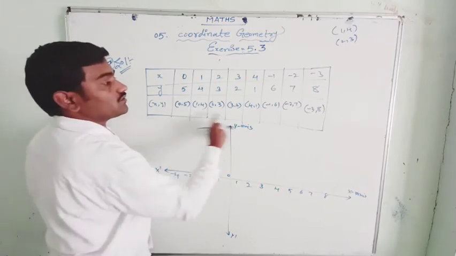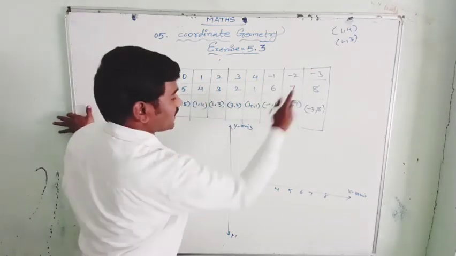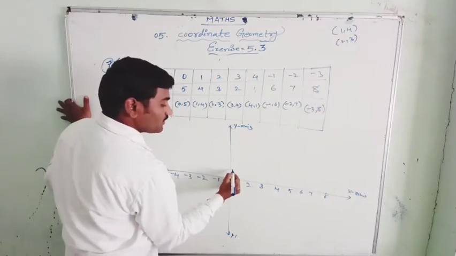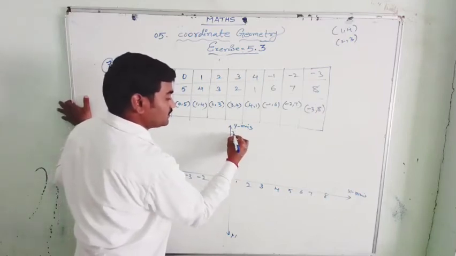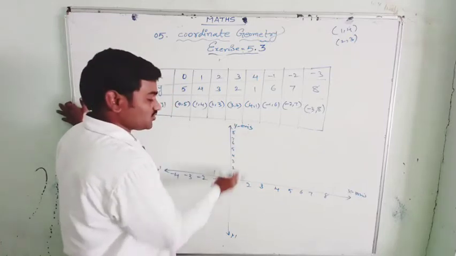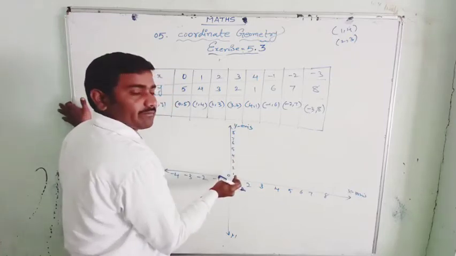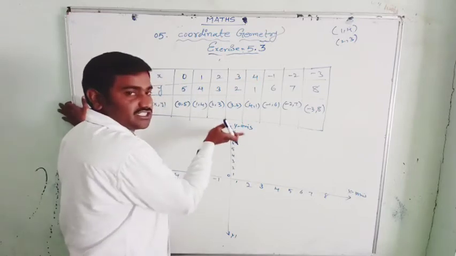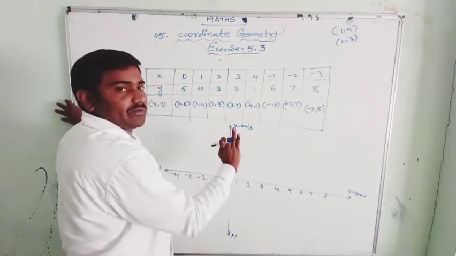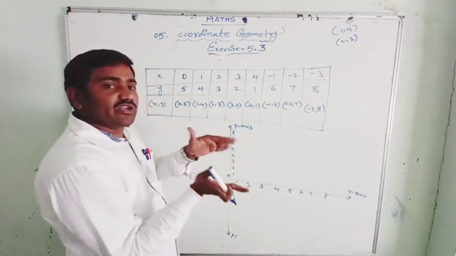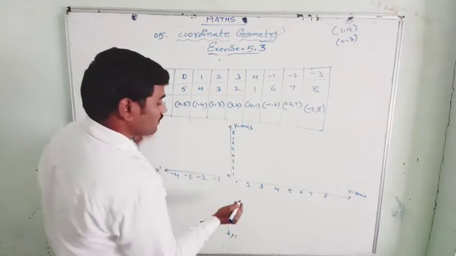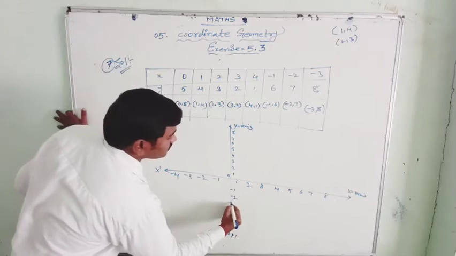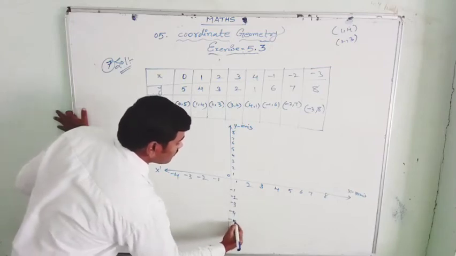Next, y values: the maximum y value is 8, so 1, 2, 3, 4, 5, 6, 7, 8. Here the place is not sufficient, so I am writing the numbers nearby, but they should have an equal distance. It will be there in the graph paper already. Every unit will be a fixed distance. Next, minus 1, minus 2, minus 3, minus 4, minus 5, minus 6.